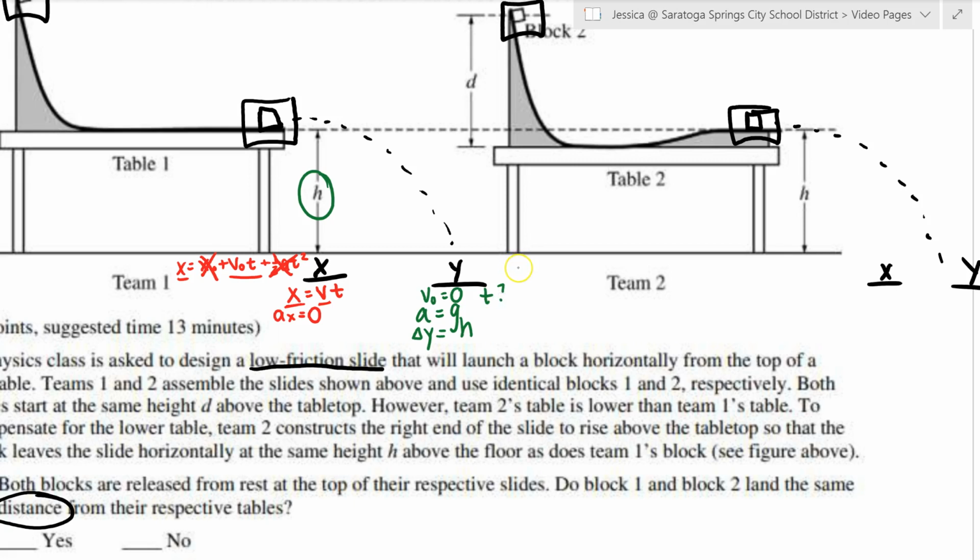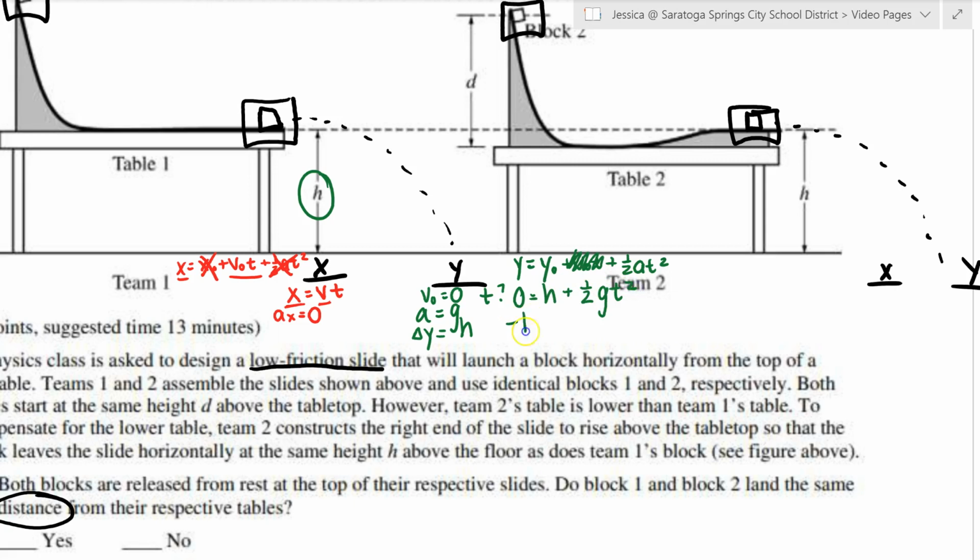Looking at this list, it makes sense that the equation I should use is the position versus time equation. But because the initial velocity is 0, that part goes away. My final position is the ground, or 0. My initial position is the height h, plus 1/2 gt squared. And remember, g is negative.